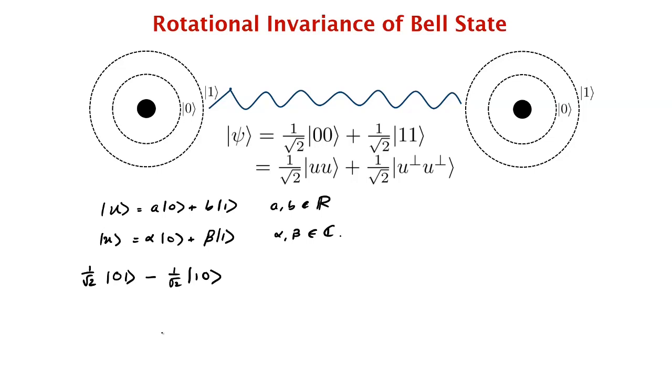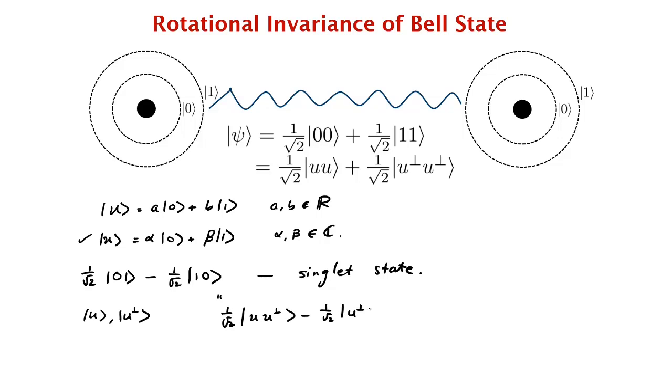So this was the spin state of the electrons in a covalent bond. This is the so-called singlet state. And if you use this state and you measure it in any basis at all, then it's rotationally invariant. So this is equal to 1 over square root 2 U UPerp minus 1 over square root 2 UPerp U.